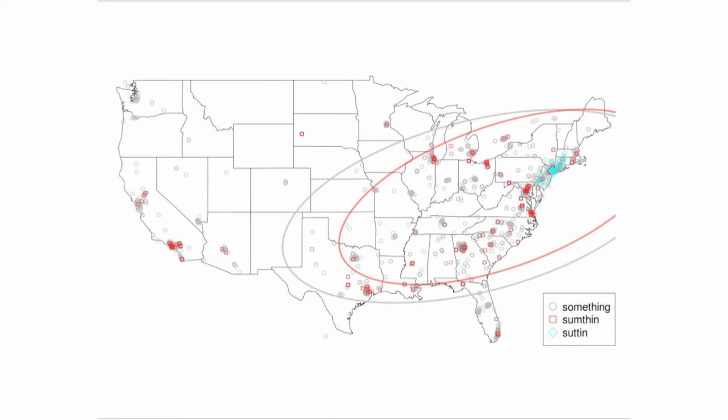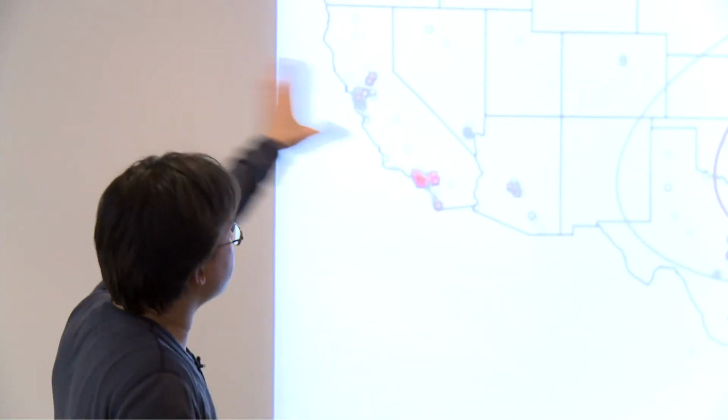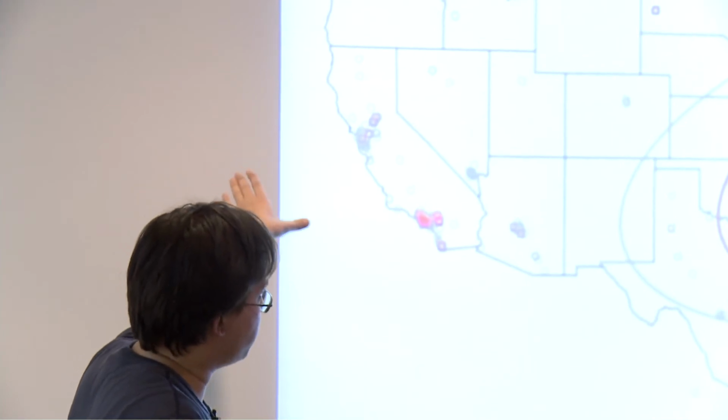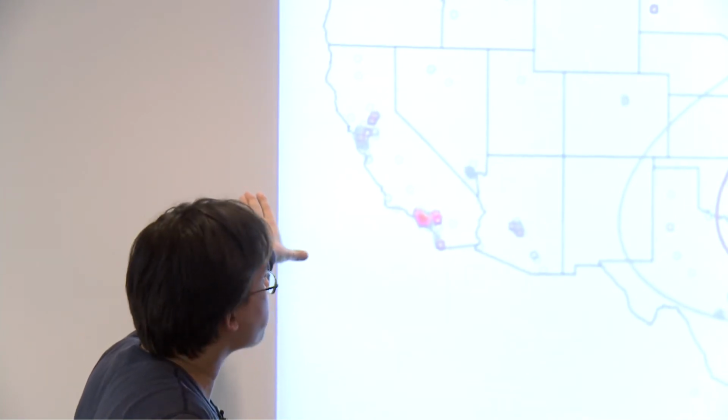What this actually helped us do, though, is a more careful drill down. These are word distributions of users who use some particular words from this data set. This is a very simple plot, just one point per user. The gray circles are the word something, the standard American English form, and that has a distribution similar to the overall distribution in the Twitter data set.